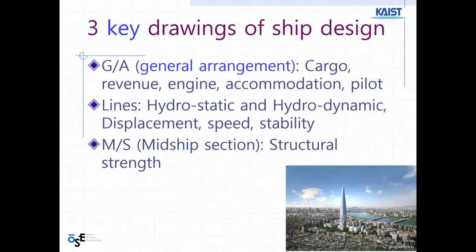You can also see that the other buildings around it are very small, even though they have about 20, 30 floors. And with lines, the outer shape of Lotte Tower looks very pretty, right? It is not a straight line, it is a curved line. The ship also has a curved surface because the underwater part looks like a fish.